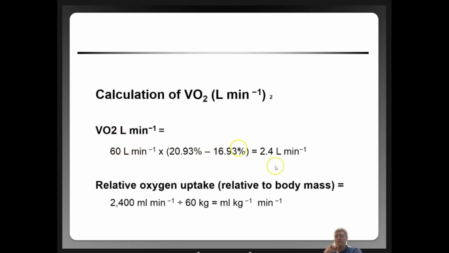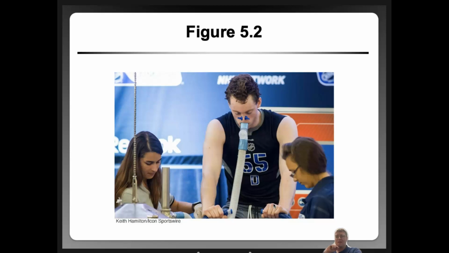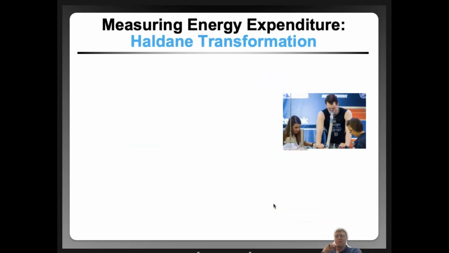You multiply those together to get 2.4 liters of oxygen per minute. And that relative oxygen uptake would be this amount divided by how much the athlete weighs, and that would make your VO2, or at least the VO2 numbers. So that's telling you what that machine is doing while you're taking that test.